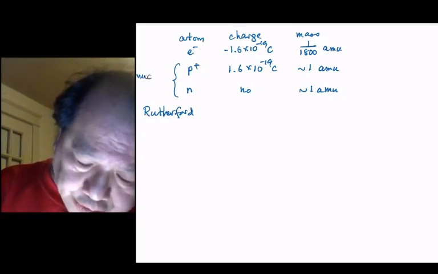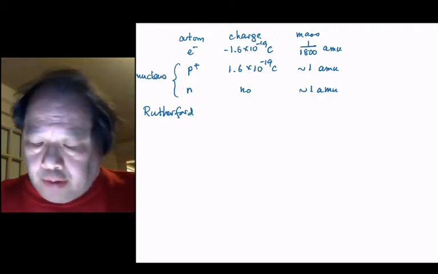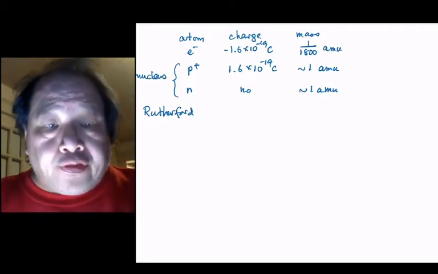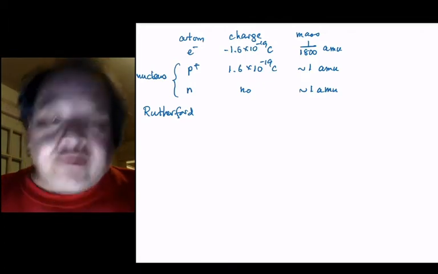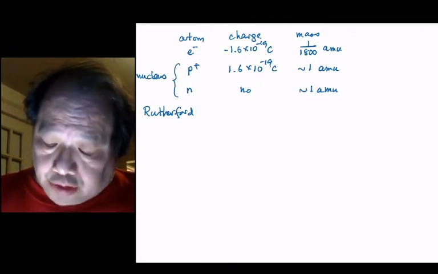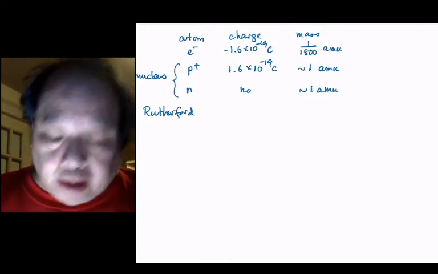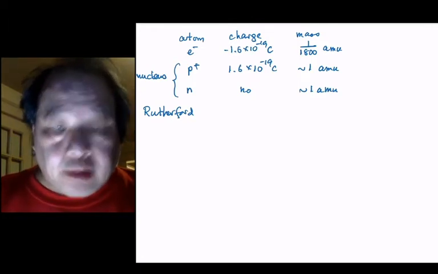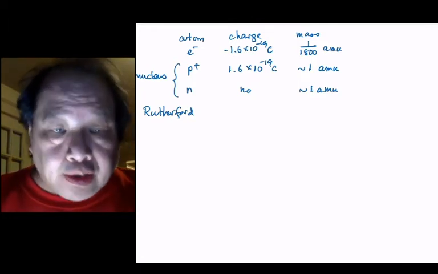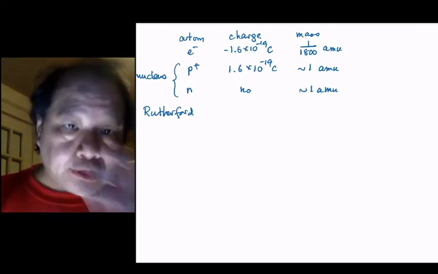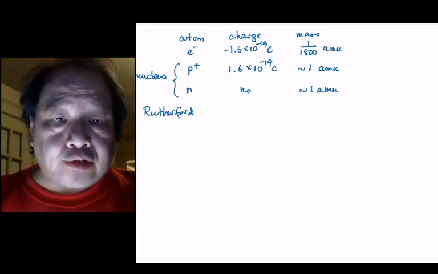And the surprising thing is this. The small thing is the heavy thing. The nucleus has got all the mass at 1 AMU, and the light thing is the big thing. The electron, which is the rest of the atom, is 1 over 1800 AMU.